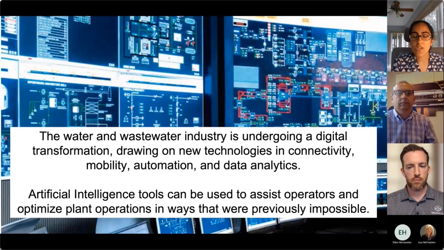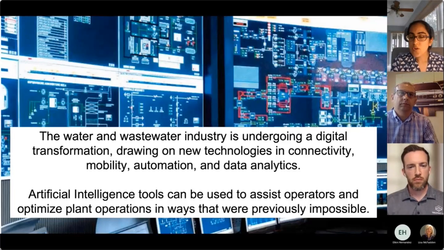A lot of utilities are adopting advanced metering infrastructure to address problems with regards to managing that distribution system. It's also helpful as a tool to engage with customers. A lot of utilities' customers are finding that kind of data helpful to them, and it's a way to add value to the customers that utilities serve.